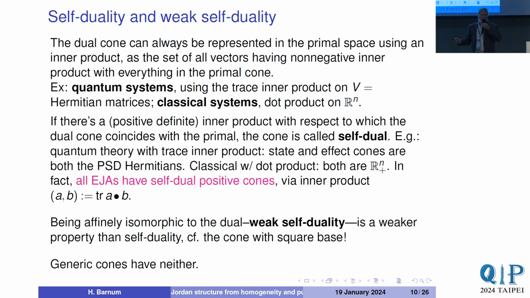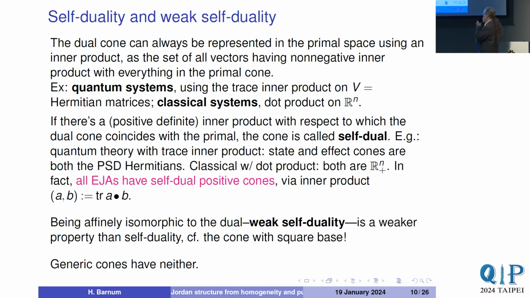And so the dual cone internal to that space is everything that's got a non-negative inner product with the primal cone. In quantum, it's self-dual. We've chosen an inner product, the trace inner product, such that the state cone is equal to the effect cone. It's a very, very unusual property.